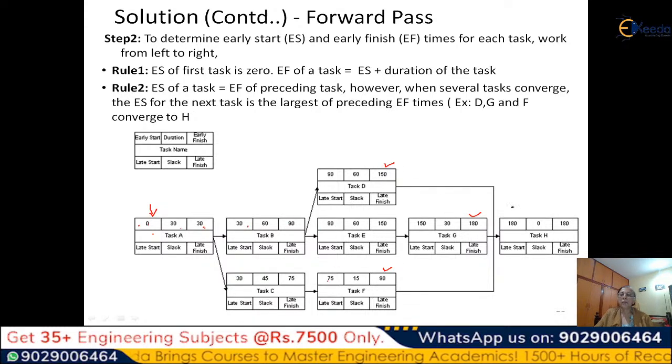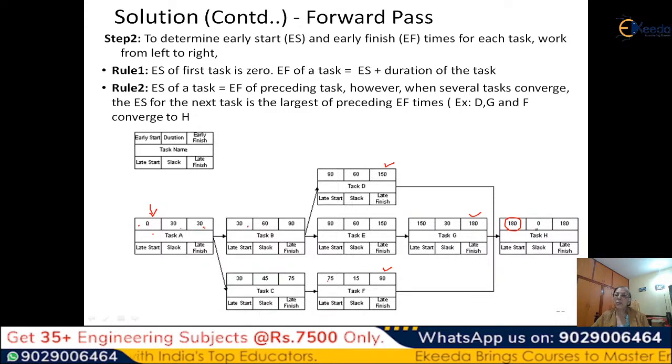But here you have three, so we need a rule. The rule says the early start of the next task is the largest of the EF times of the preceding tasks, because unless all of them are over, you cannot start this. So you take the highest of 150, 180, 90. The early start of task H becomes the highest of the early finish of these three tasks, which is 180.